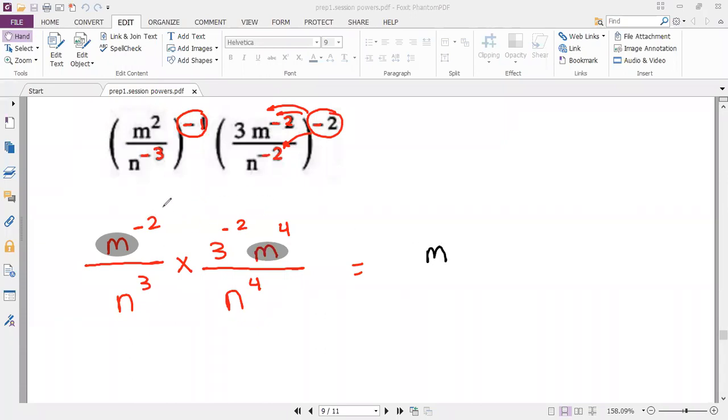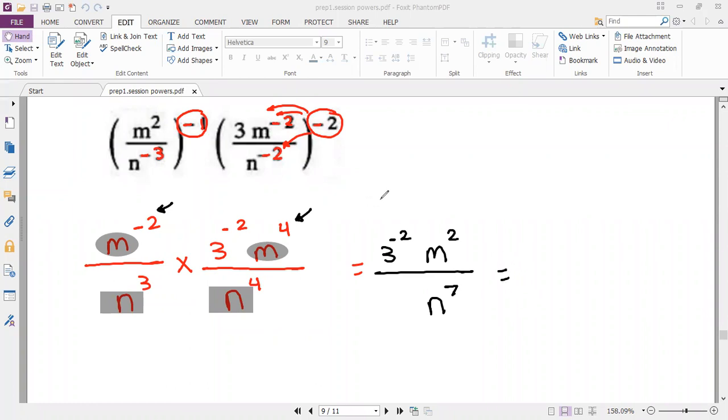Negative 2 plus 4. This is the power here, negative 2, and this power here is 4. And when multiplying like bases, add powers. Negative 2 plus 4 equals 2. And 3 to the power of negative 2, write it as is over. We have here like bases, n and n. So write n as it is then add powers. 3 plus 4 equals 7.